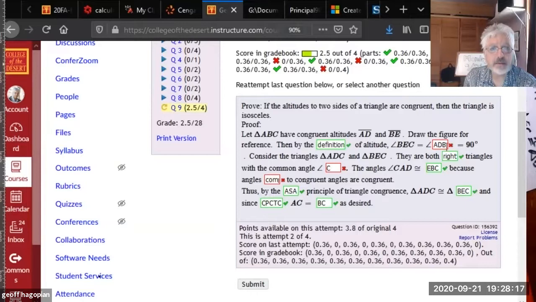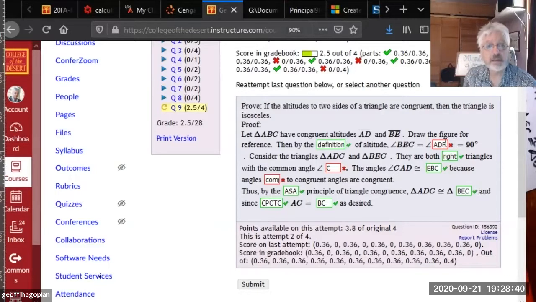Maybe I need to make more. See, there's a lot of ways of describing this angle, right? It could be ADB or BDA. I think I'm talking about the right one. BDA or ADB. Or you could say ADC.